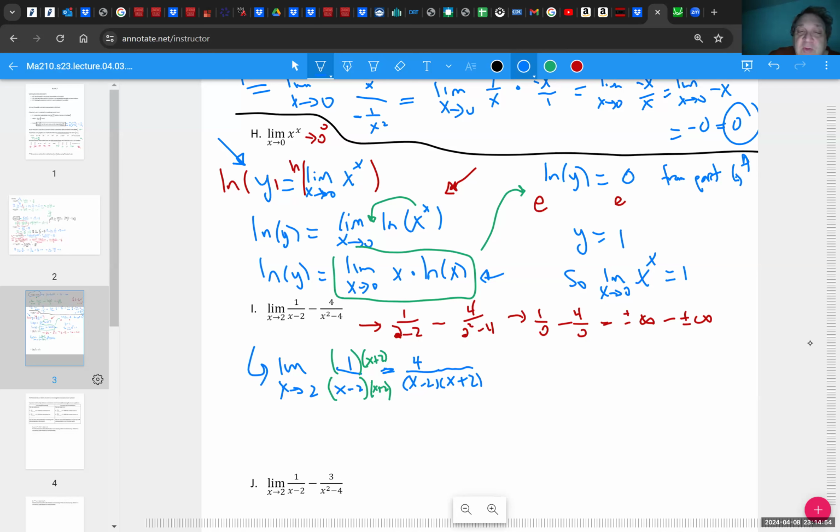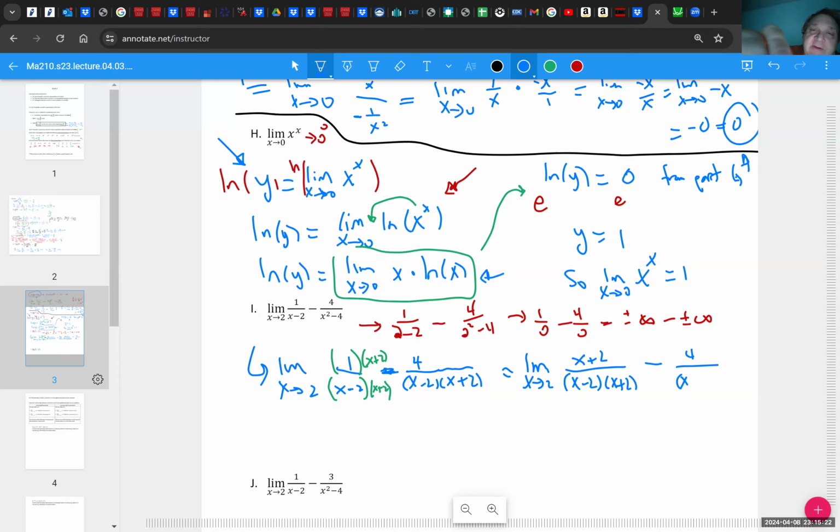So I'm going to multiply top and bottom of the first fraction. That will give me x plus 2 over x plus 2, x minus 2, and then minus 4 over that same denominator.